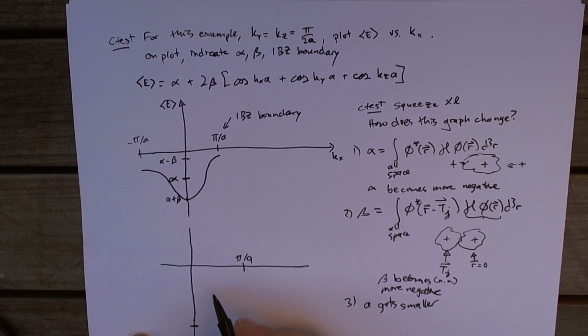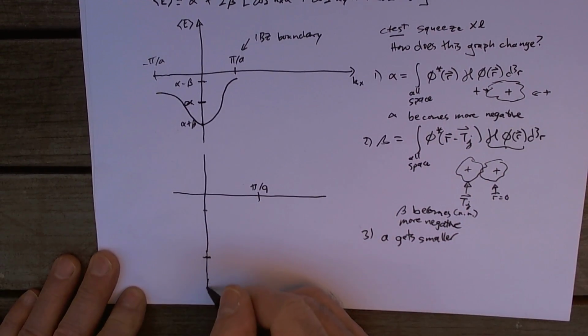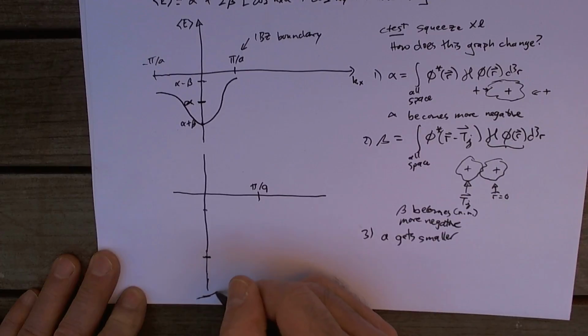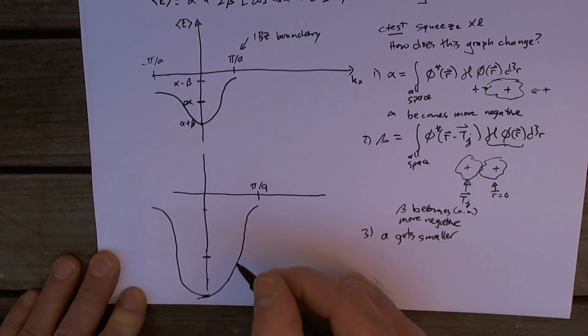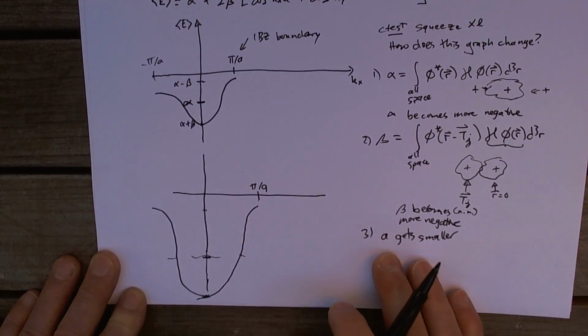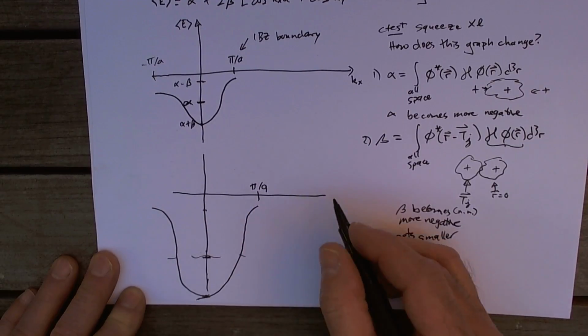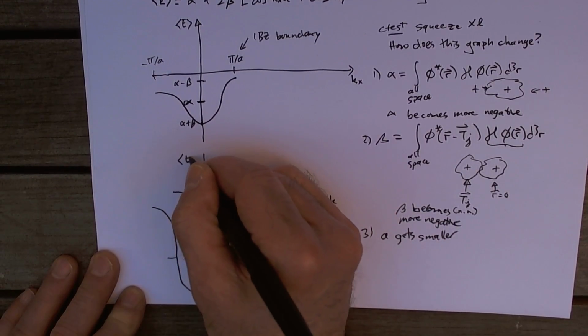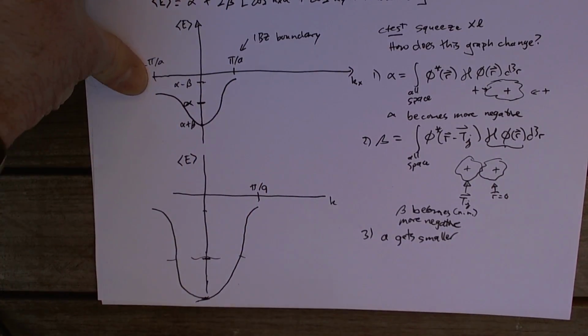Beta is becoming more negative, so it's getting larger in amplitude. Move this up, see what I'm doing. So it maybe now would look like this. So it's a larger amplitude wave that's centered on a more negative energy and that has a larger wavelength in k space. All right.